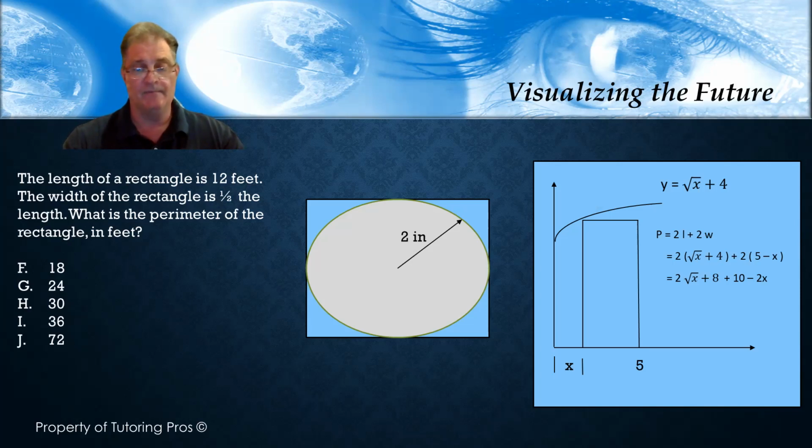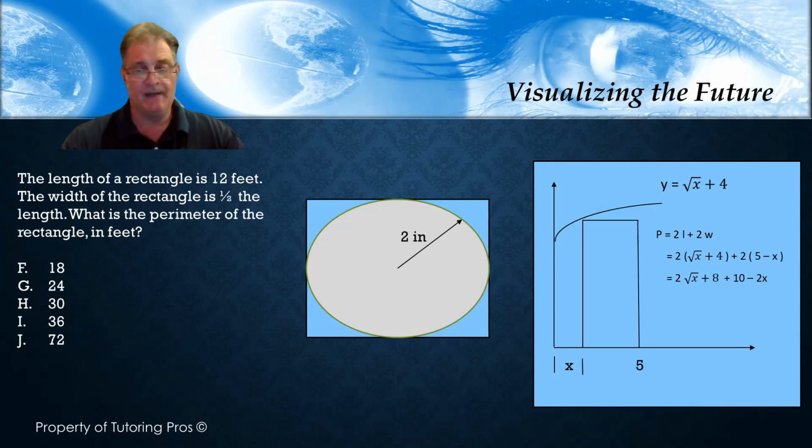Well, with that in mind, what is the width of the rectangle? If you look at the x-axis, notice that the origin to the left, all the way over to the right side of the rectangle, is a distance of 5. And the distance from the origin to the first side of the rectangle is x distance.